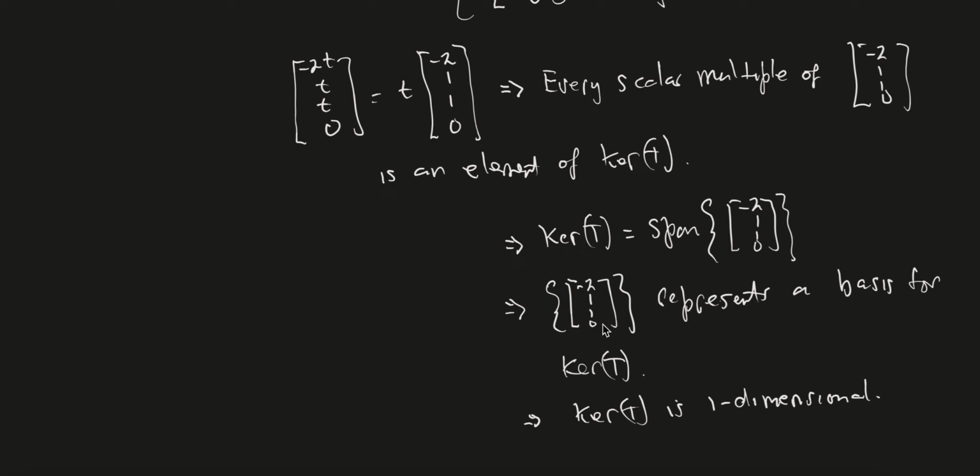In fact, that's what happens if you take a single vector and look at all the possible scalar multiples of that vector: you generate a line. So all the vectors spanned by this vector represent a single line, and all of those vectors we can identify as elements in the kernel of this transformation.